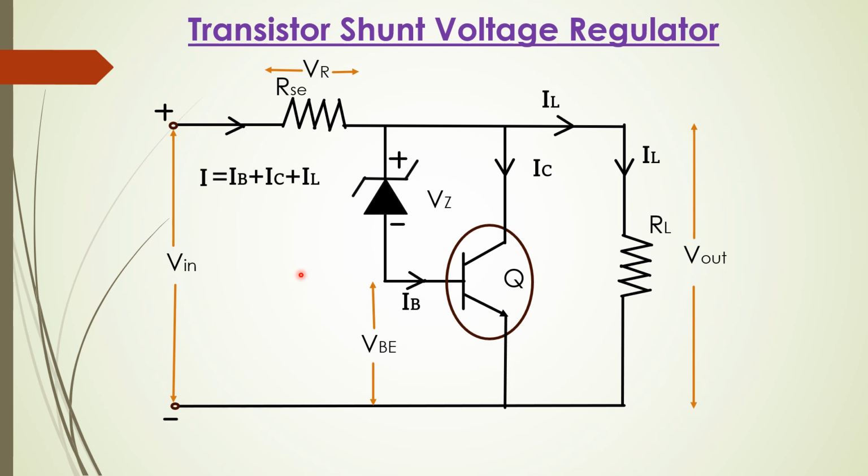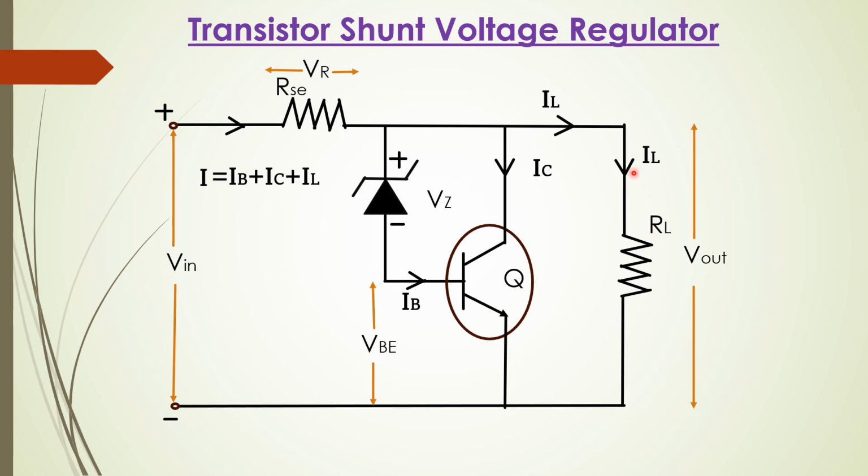Let us assume one more case, where RL, the load resistance, is decreased, because of which the output current IL will increase. That's our assumption for case 2: RL is reduced, so IL will increase.